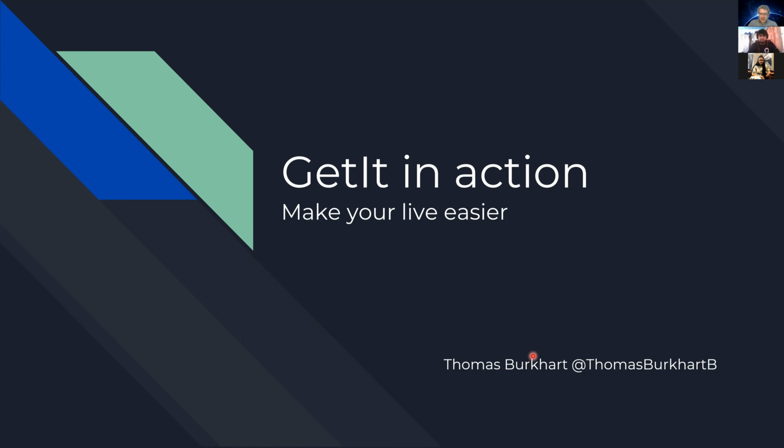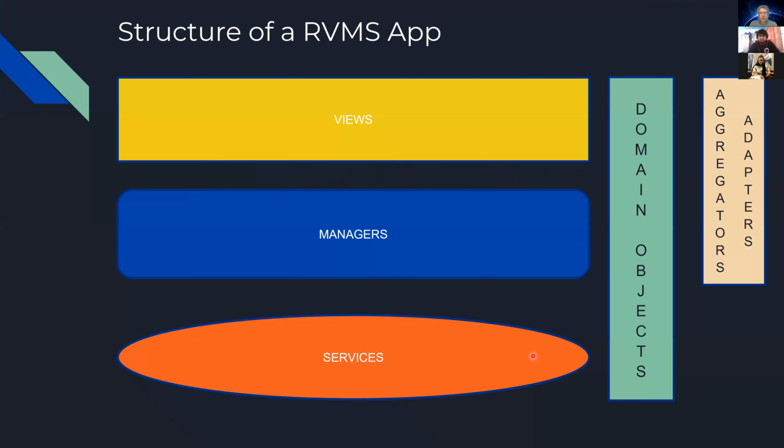In my apps, I use an architecture that I call RVMS, which has 3 layers. It has the views, which are just widgets, the UI that we have on top. We have services on the bottom, and services are the connector to the outside world.